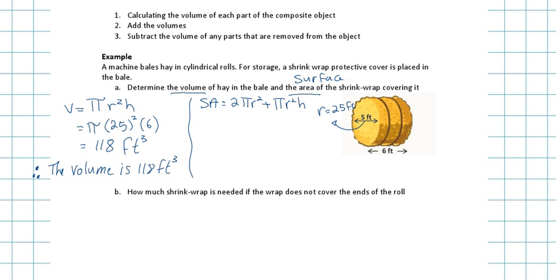That means the area of the top, the area of the bottom, and the lateral surface area. So let's fill out the information. I have 2 pi times 2.5 squared plus 2 pi times 2.5 times 6.